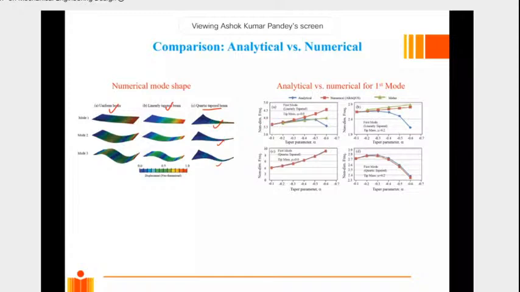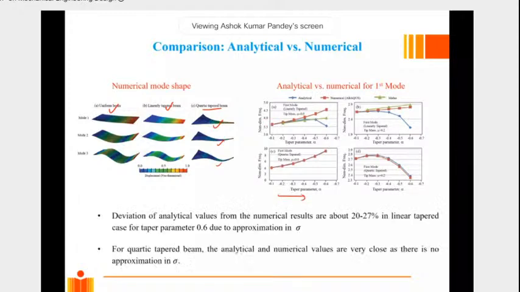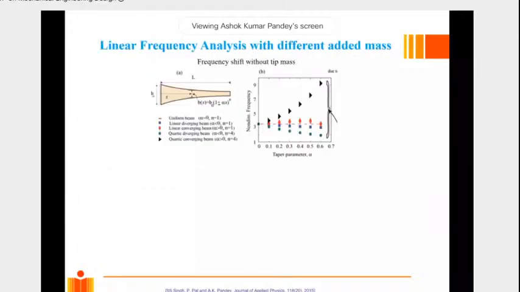Okay, so that I will just show here. So what is really happening? This is a very important figure. So this is when you have a uniform beam. And when you have a diverging beam, which is a non-linear diverging beam, you get a frequency change from here.